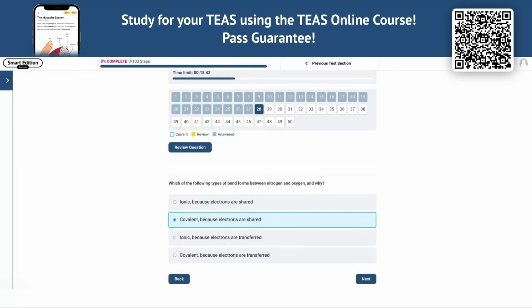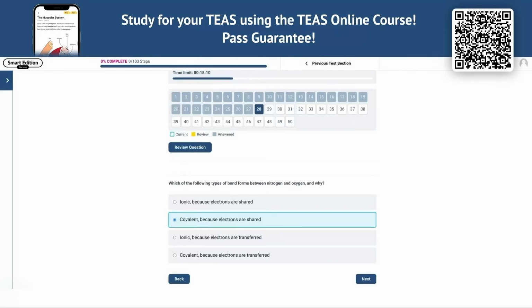So let's talk about why the other ones are incorrect. So ionic bond, because electrons are shared. Ionic bonds form when electrons are transferred from one atom to another, not shared. The second one, ionic, because electrons are transferred. While ionic bonds do involve the transfer of electrons, like we just discussed, nitrogen and oxygen form a covalent bond, not an ionic bond.